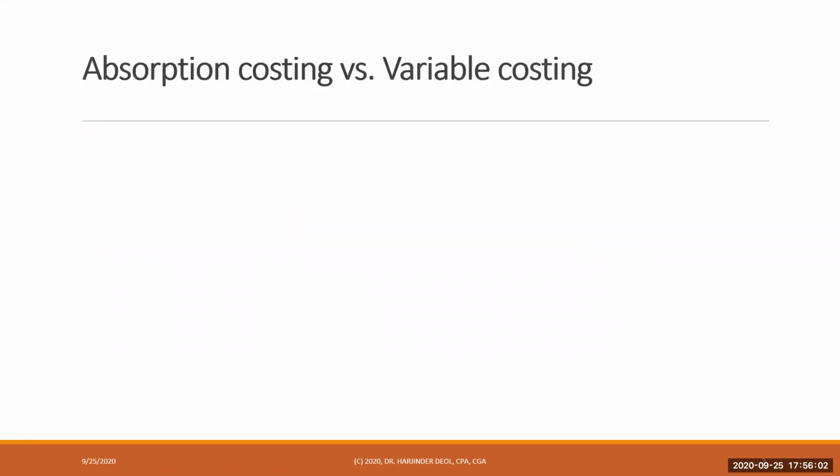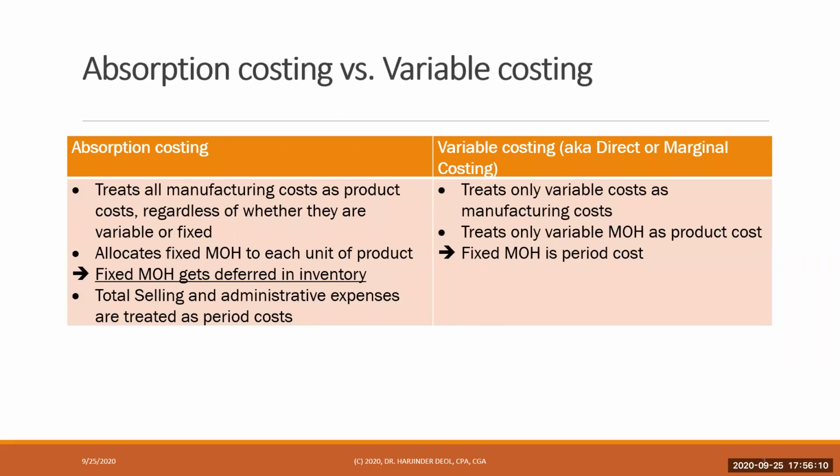Let's take a look at the two costing approaches, absorption costing compared to variable costing. Under absorption costing, all manufacturing costs are considered to be product costs, regardless of whether those costs are variable costs or fixed costs.